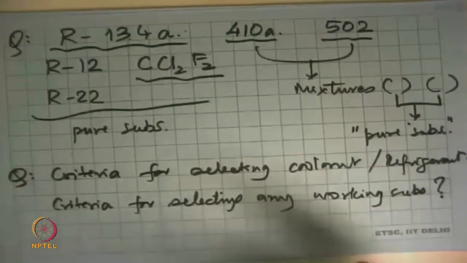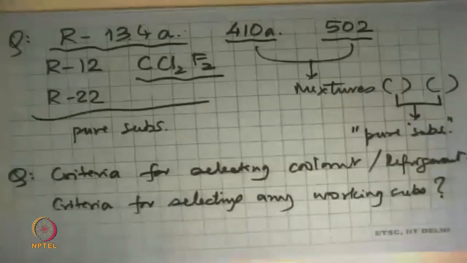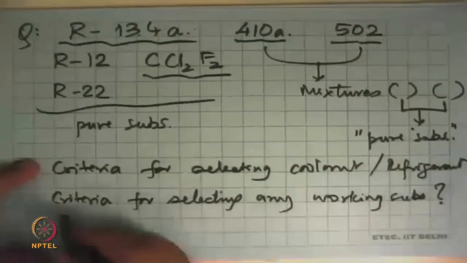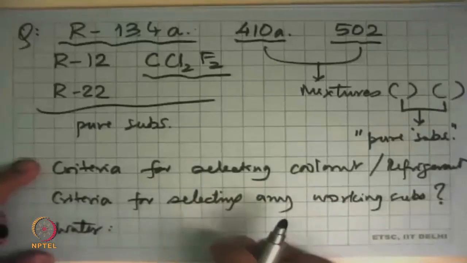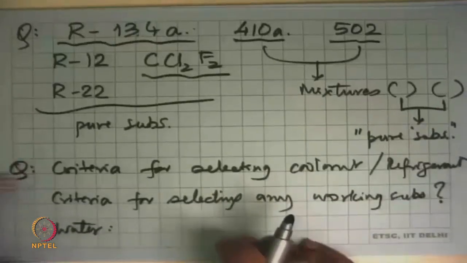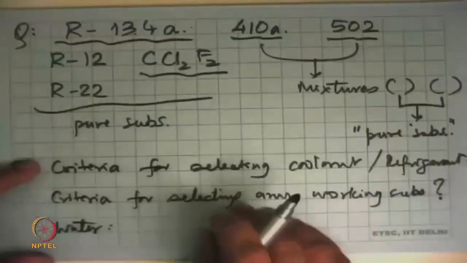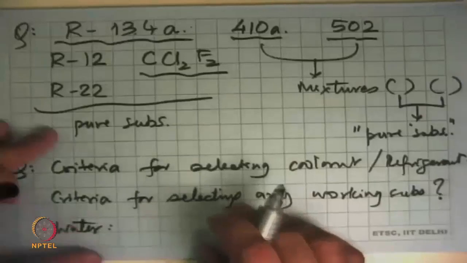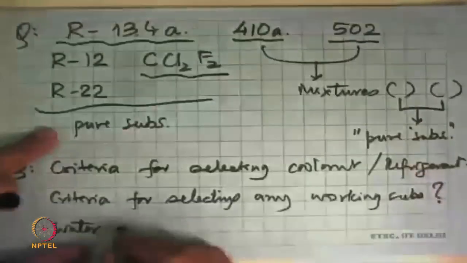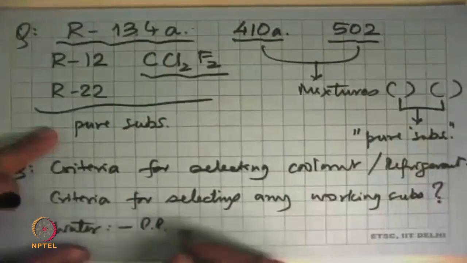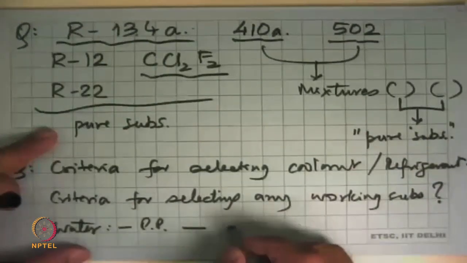So what happens is, let's take the case of refrigerants. In the case of power plants, almost always we use only water. And a reason for using water is, firstly, it is abundantly available. Second, its properties are such that they are reasonably good for doing the engineering of it. And the trouble is, if I can use water in a power plant, why can't I use water in an air conditioner?